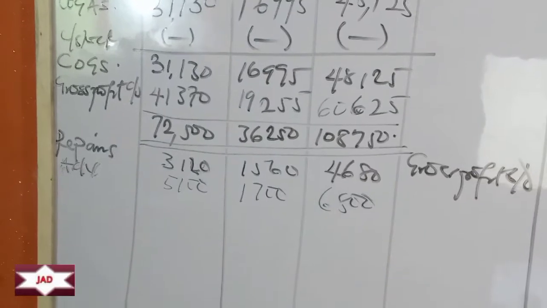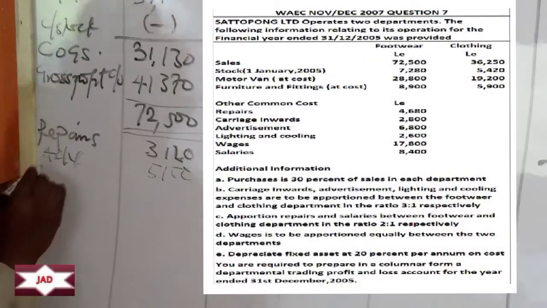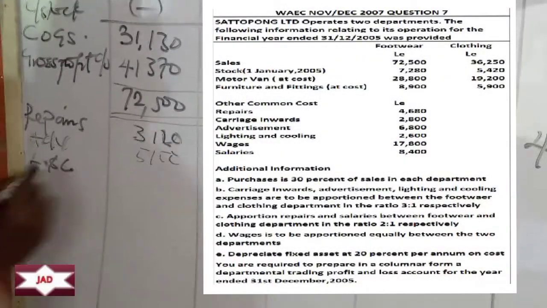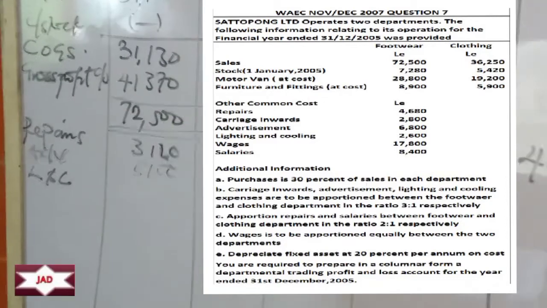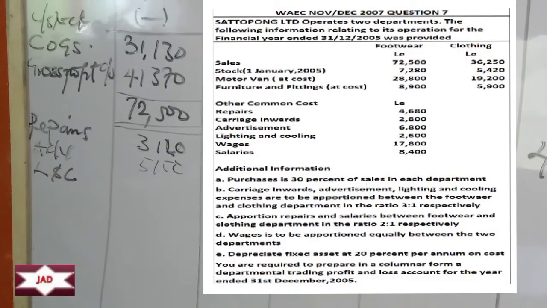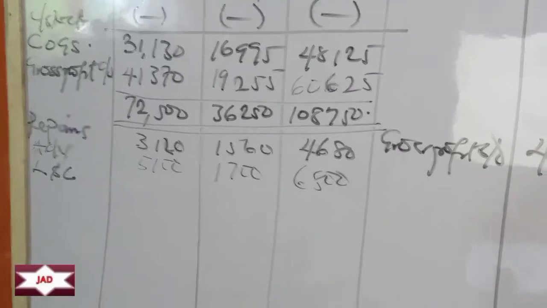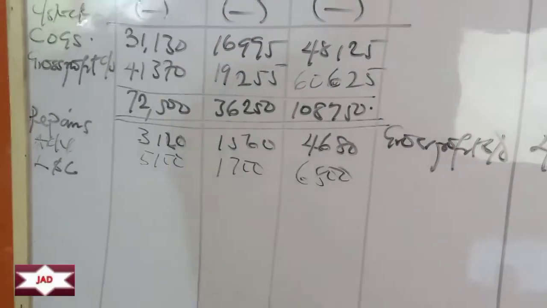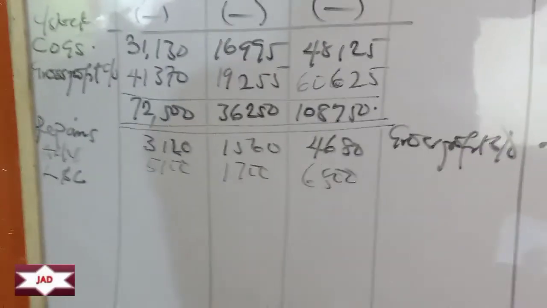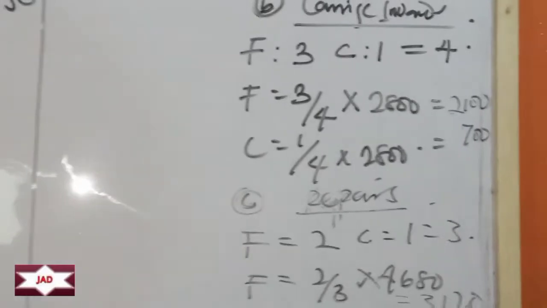Okay. So the next one there is lighting and cooling. The same formula. Lighting and cooling, according to the question, is 2,600. So we have 3 divided by 4, okay, times what we have there, 2,600.